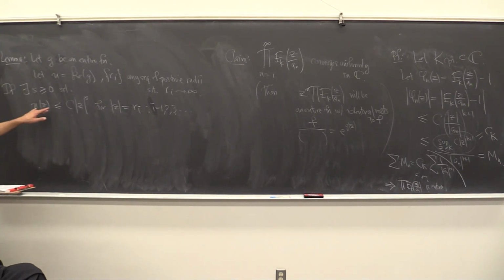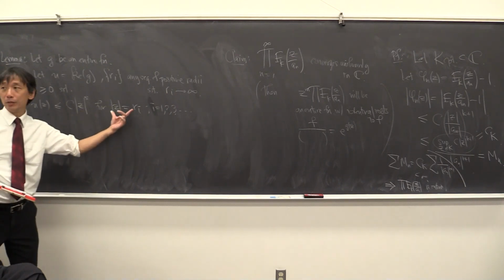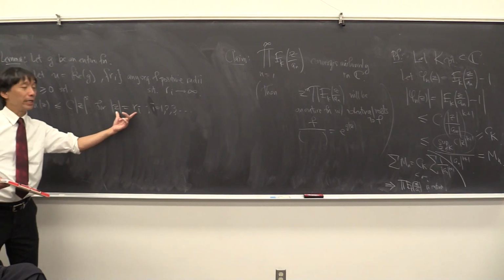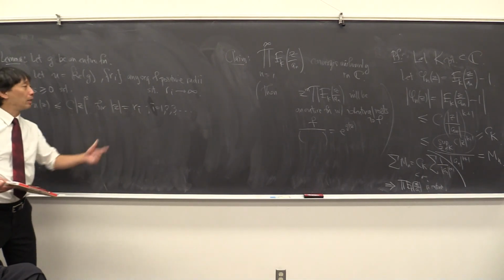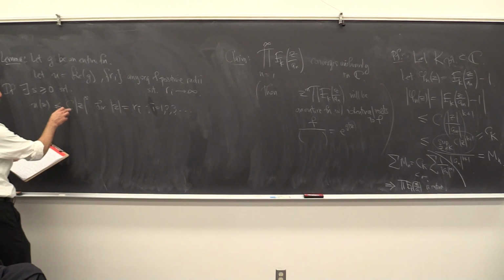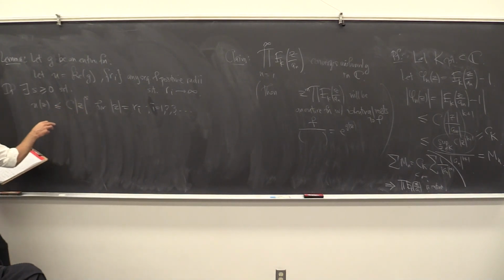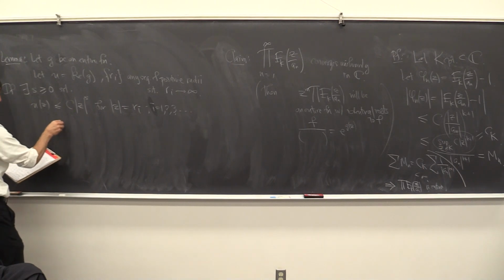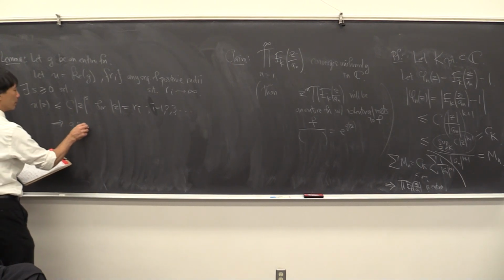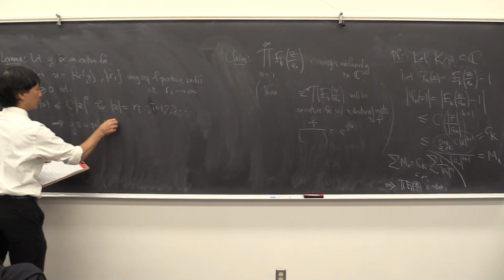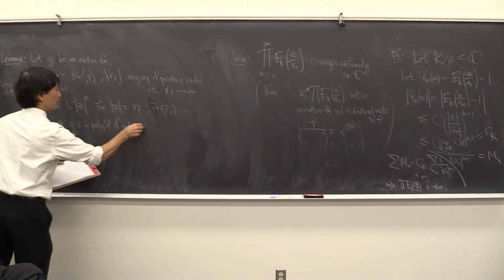So if there exists an S such that you have this sort of bound on circles whose radii increase to infinity, and that C should not depend on the i, then G is a polynomial of order less than or equal to S.